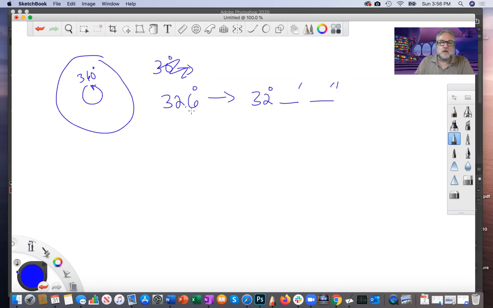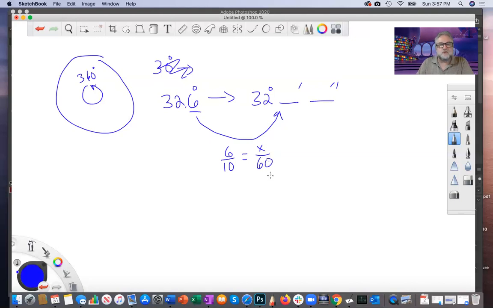And the way we do it is we take the decimal portion here and we're going to convert it. When I'm going from degrees to minutes, I take that number 6/10 and set it equal to x over 60, since there's 60 minutes in an hour.